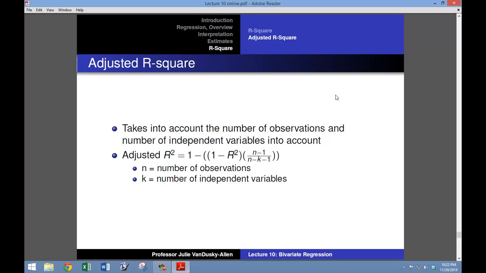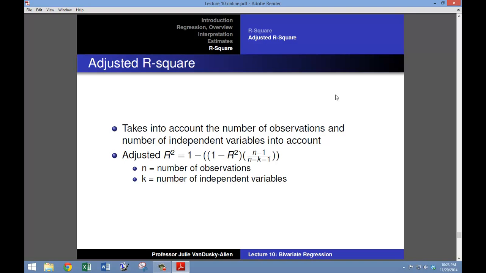Last, the adjusted R-squared simply modifies the R-squared to take into account the number of observations and the number of independent variables. You calculate an adjusted R-squared by taking 1 minus the R-squared times the number of observations minus 1, divided by the number of observations minus the number of independent variables minus 1.